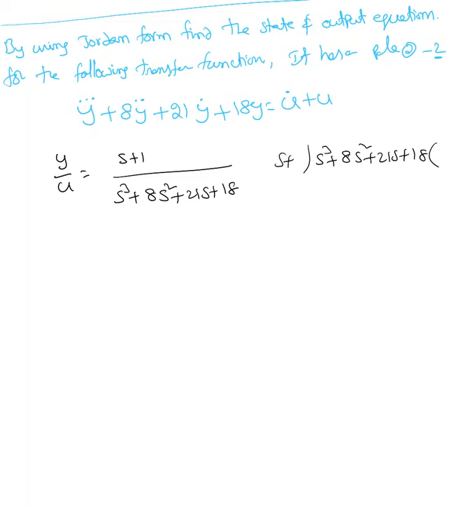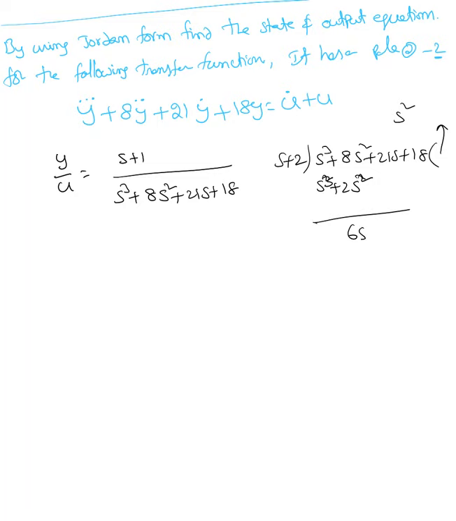I'm going to do the long division, divided by s plus 2. So when I do the long division, I'm going to write down here, multiply with s square plus 2s cube plus 2s square.